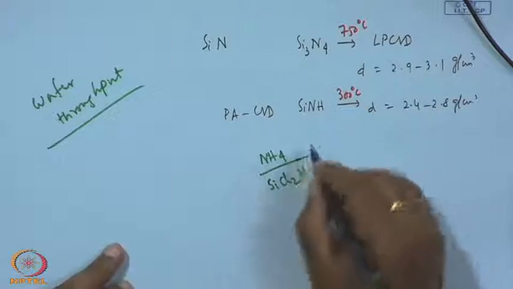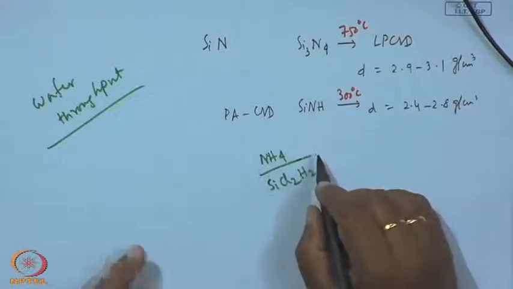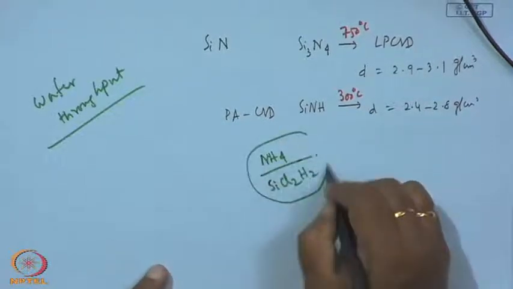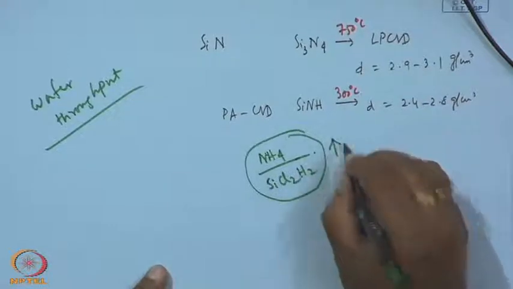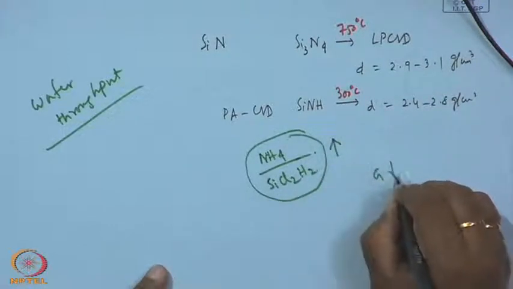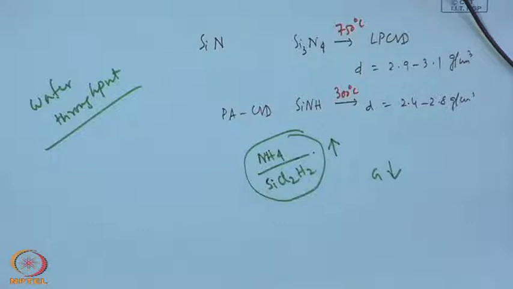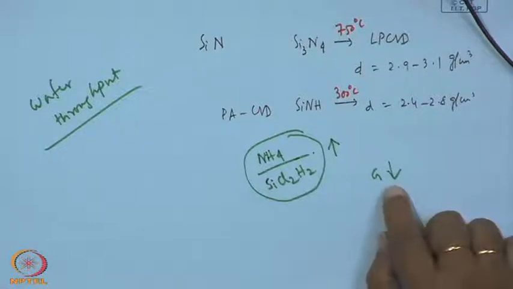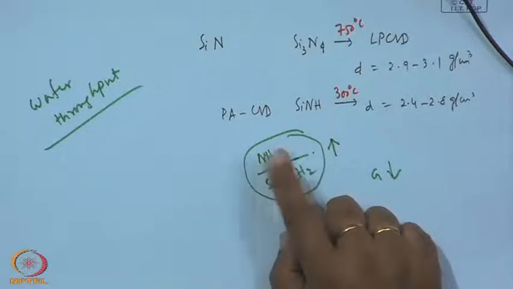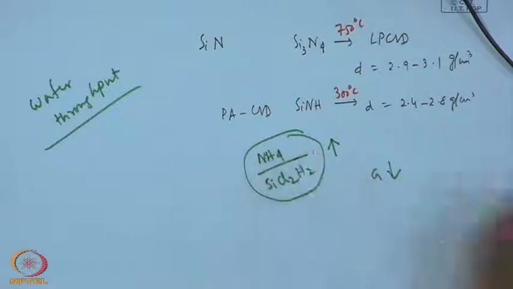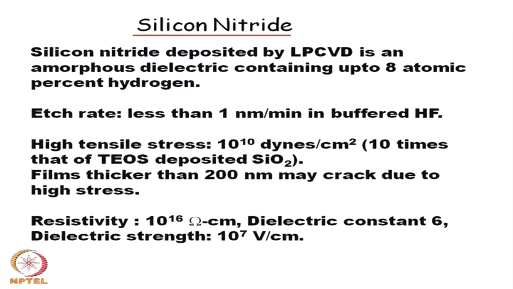If you increase this ratio of ammonia to dichlorosilane, then the growth rate will decrease. That means deposition of Si3N4 will be less if you increase this ratio of ammonia to dichlorosilane.